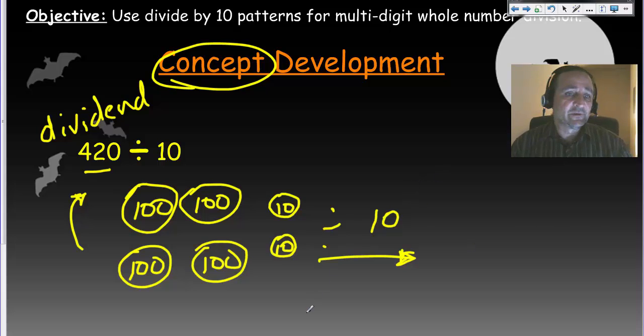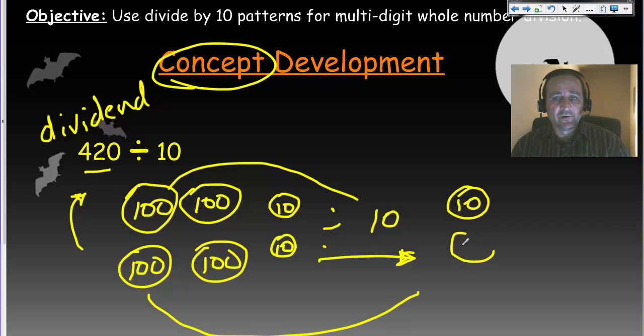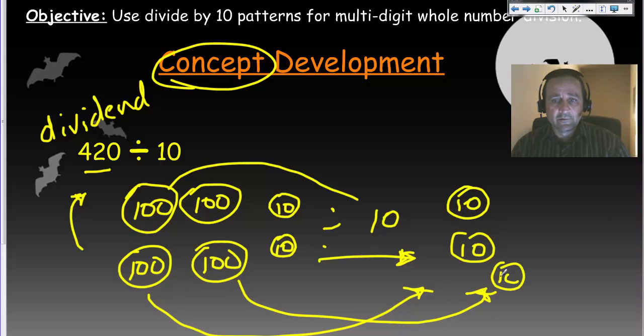Now think of it this way. If we do this in pieces, 100 divided by 10 is 10. So we'll come over here and put our 10 here. And again, we have 4 of these. So we could do another 100 divided by 10, all these. Now you can see what's happening here.